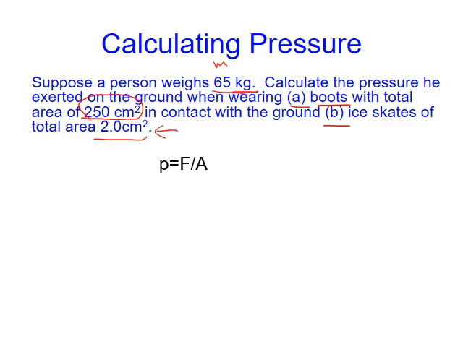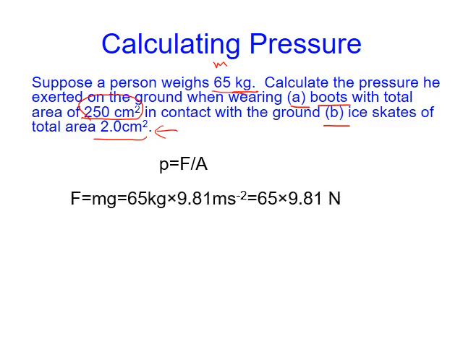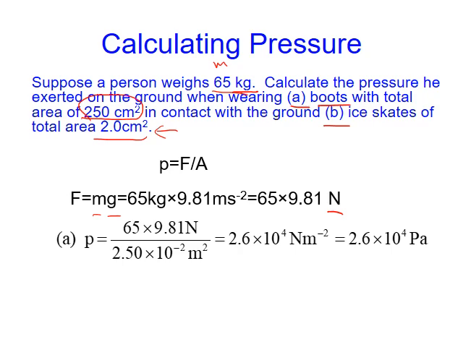65 kilograms is not force. Force is calculated by mass times gravity. That gives you Newton. And so in A, we divide by the area, which is 250 centimeters squared.